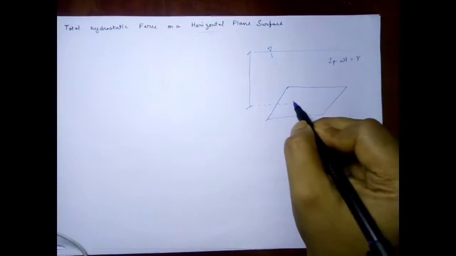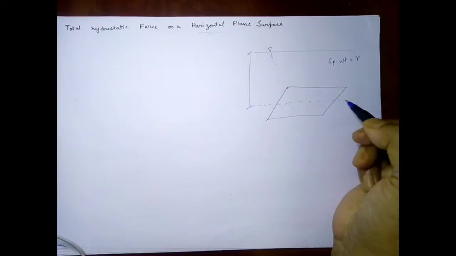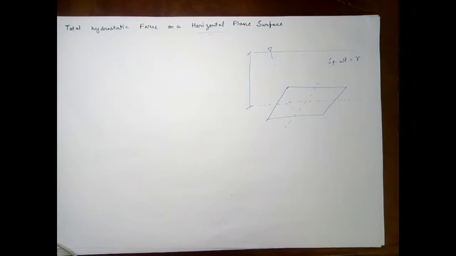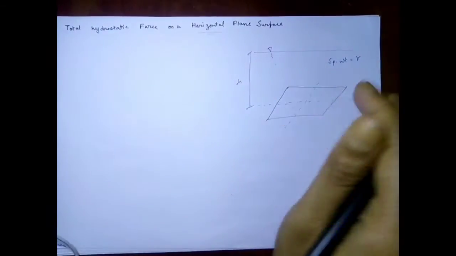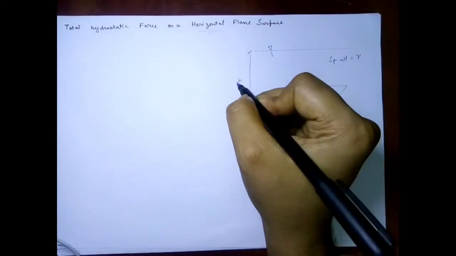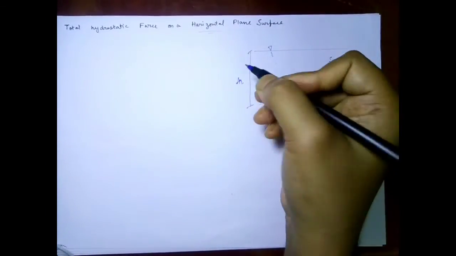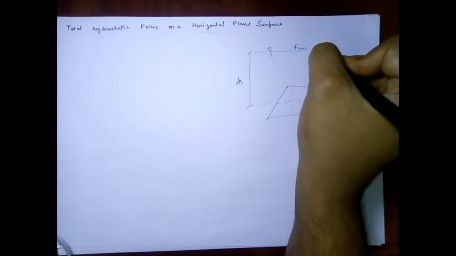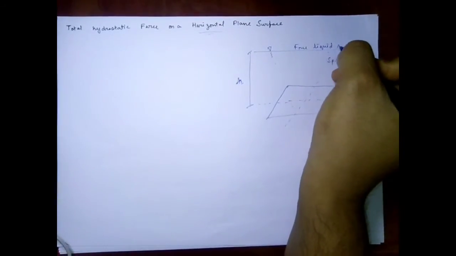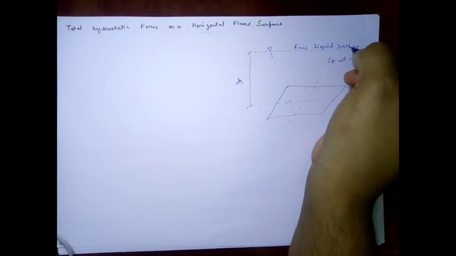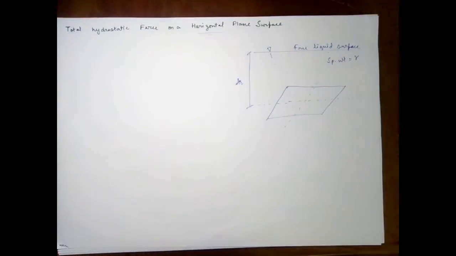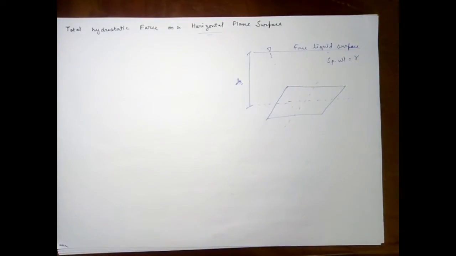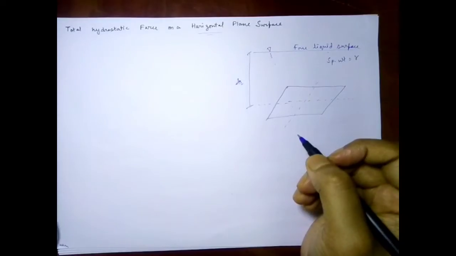This you can consider as the center line, the two axes for this body. It is considered that this plane surface is at a depth h from the free surface of the water. So this is the free liquid surface. It can be water or any fluid. Let us consider that this plane surface is h below the free liquid surface.